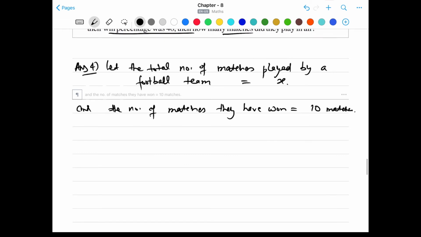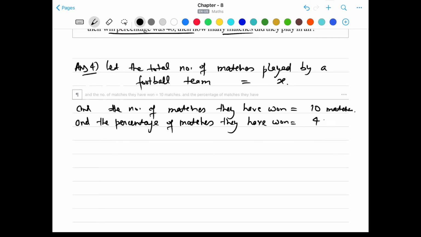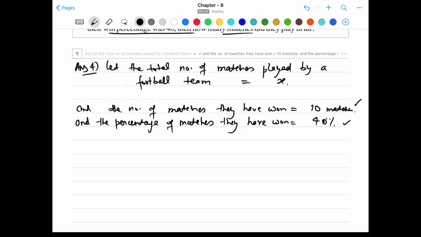And the percentage of matches they have won is equal to 40%. So one thing you have to understand here is, in numbers they have won 10 matches, and in percentage they have won 40% of the total matches that they have played.